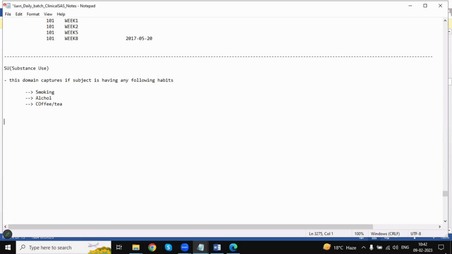Okay. So what is the structure of the domain? One record per substance type per subject.